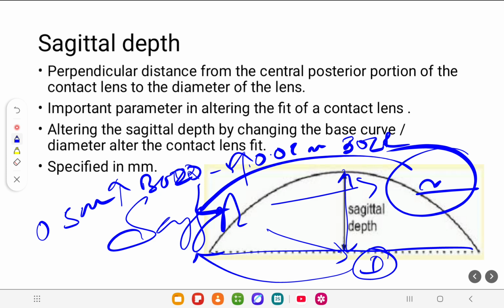Just remember these concepts: constant diameter, constant radius of curvature, and how things change in sagittal height. This concept will definitely be asked in your exam, 100%. You will see MCQs and SAQs based on this concept. You cannot escape it. This is the most important concept.